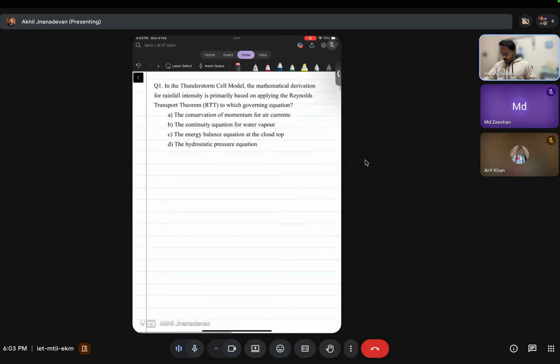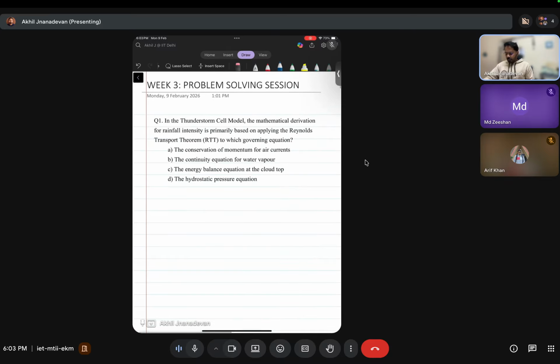So we can start with the first problem. The first problem is based on a model called the thunderstorm cell model that we had already seen in the lecture. That is, what is the purpose of that model? Basically, that model is used to find the rainfall intensity if we know the different parameters of the atmosphere.